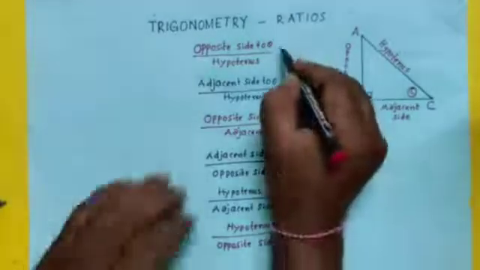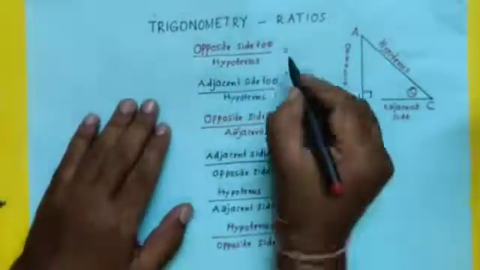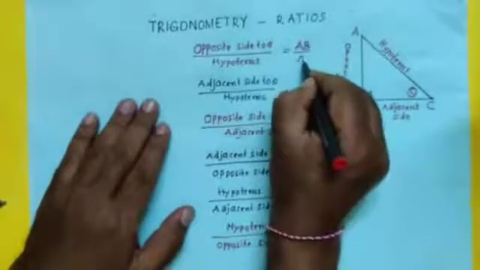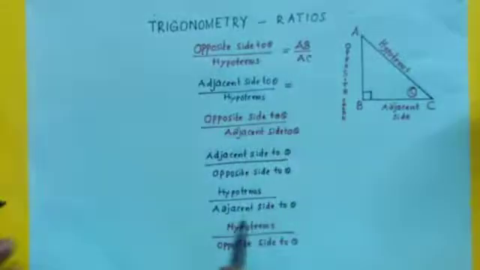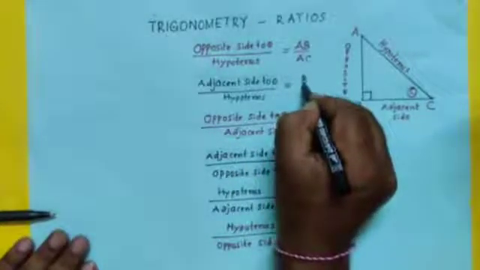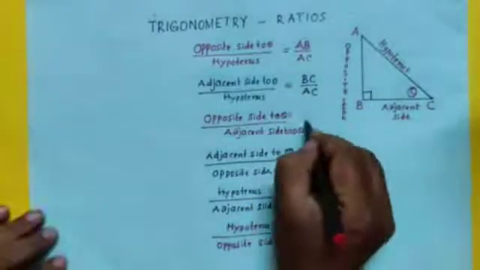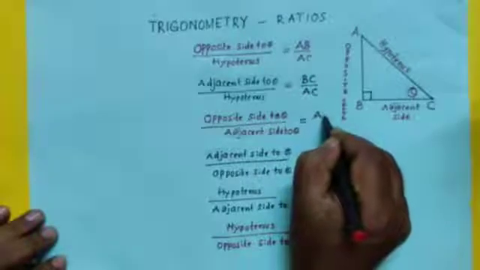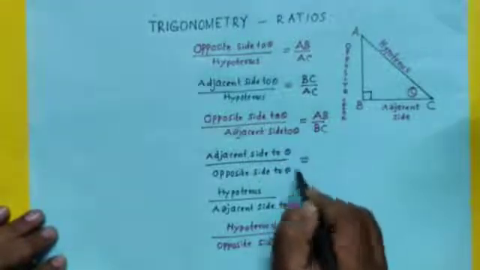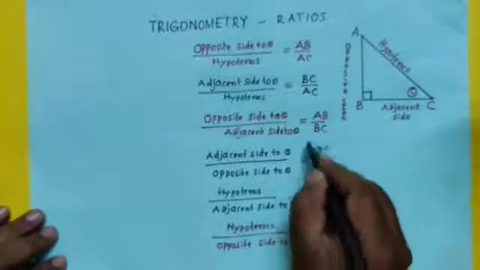So we have to give the names also for these. The opposite side to theta is AB, the hypotenuse is AC, and the adjacent side to theta is BC. So BC by AC, and the opposite side AB by the adjacent side BC, and the adjacent side BC by the opposite side AB.